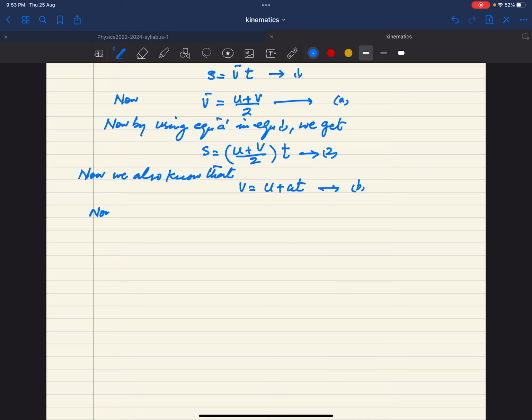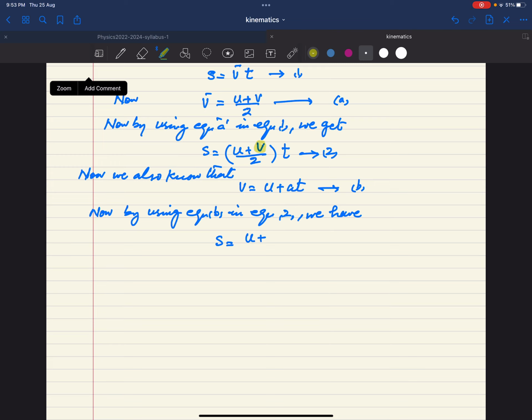Now by using equation b in equation 2, we have s is equal to u plus, and we put the value of v here, which is u plus at.